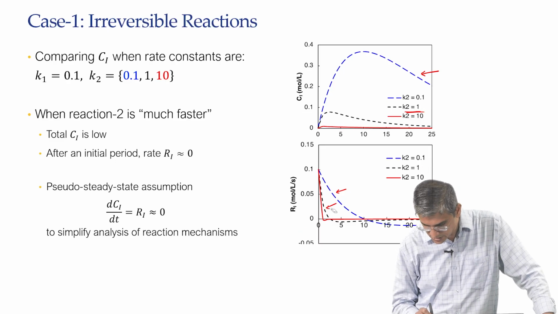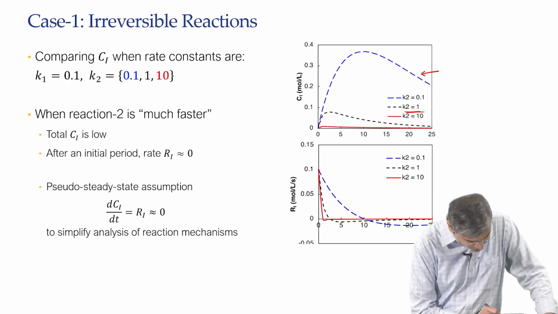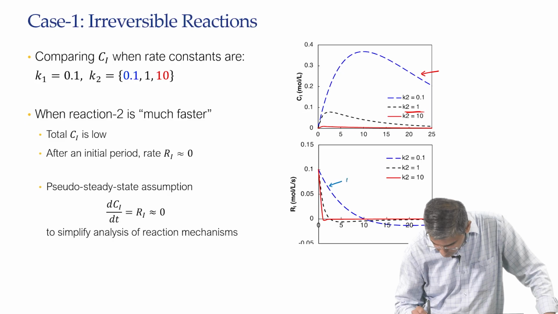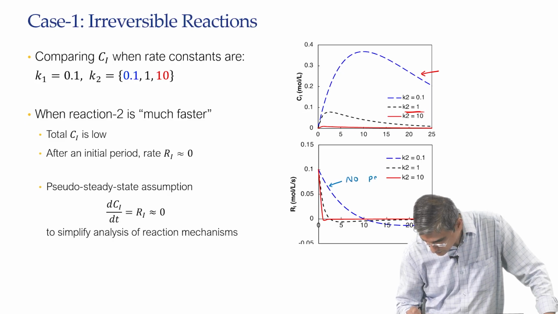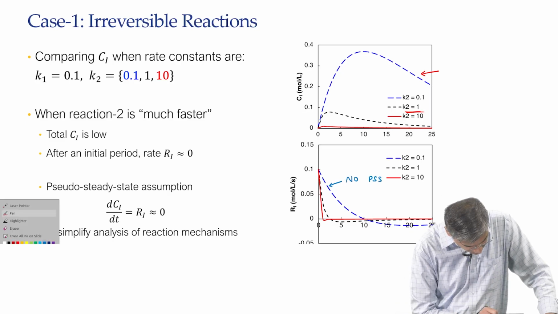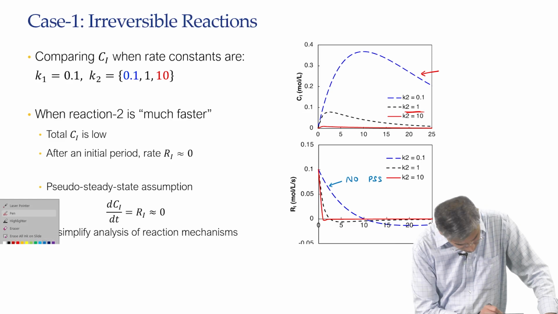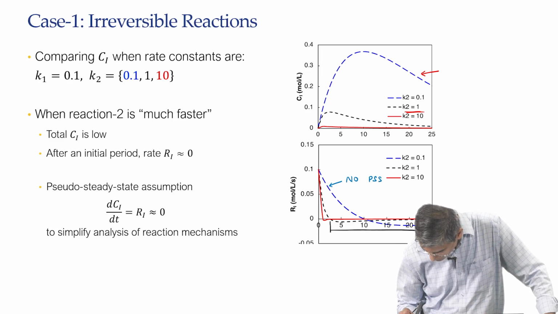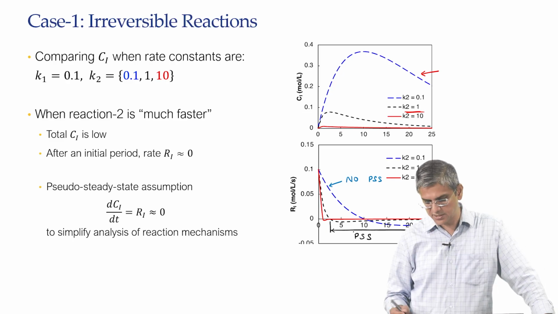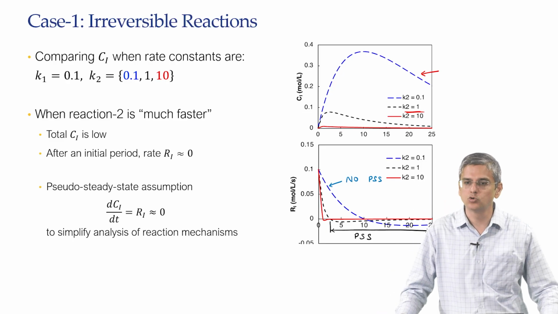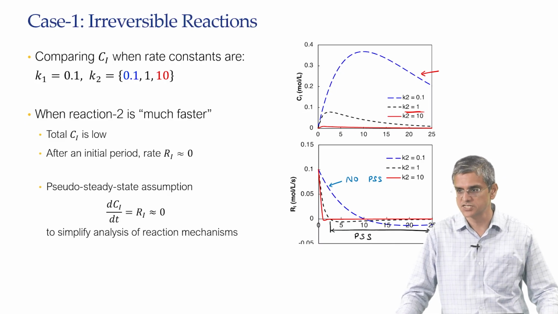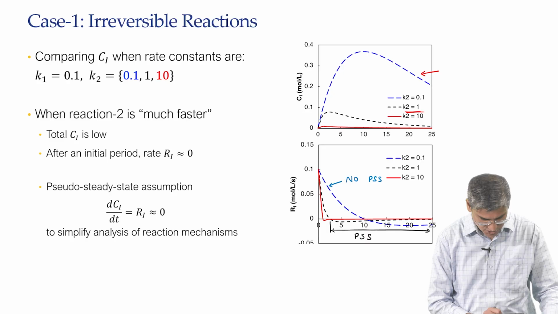So, for the black one, for the initial time, approximately 2 time units, 2 minutes, the system is not under pseudo steady state, thereafter it is under pseudo steady state.